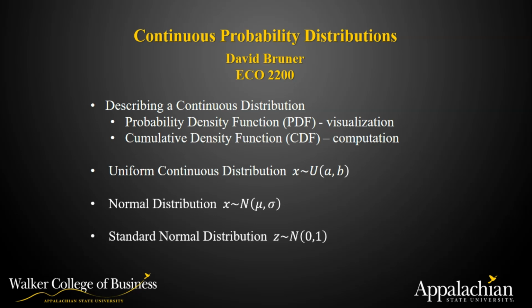And then we'll wrap things up with standardizing a normally distributed random variable to create the standard normal distribution, which is denoted by z followed by a tilde to indicate that the random variable has been standardized, and this newly created variable in the standard normal distribution has a mean of 0 and a standard deviation of 1.